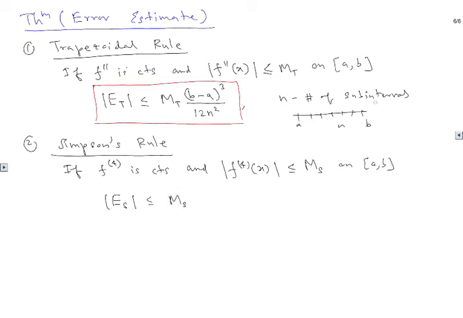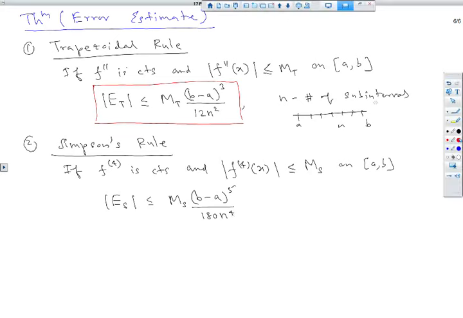Ms, that's the upper bound that you calculate, times (b minus a) to the fifth power divided by 180 n to the fourth power. So that is the error formula. This is the error you're going to get.